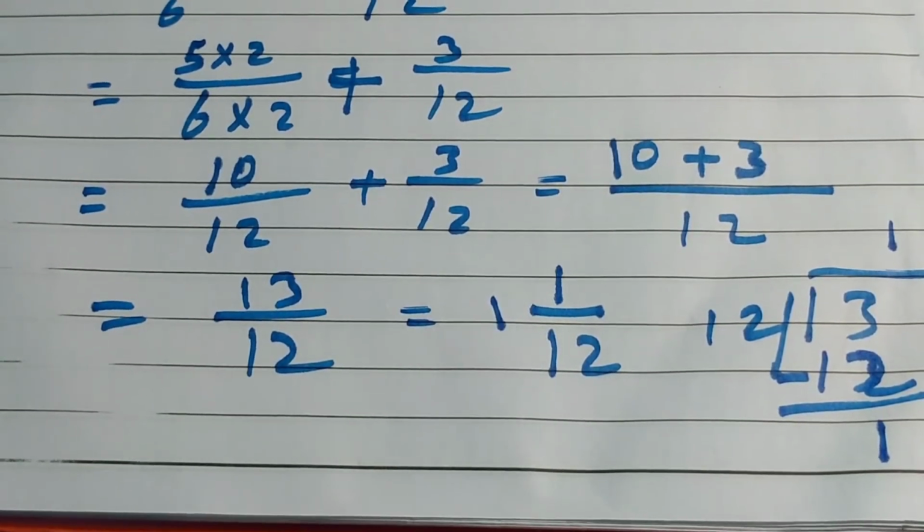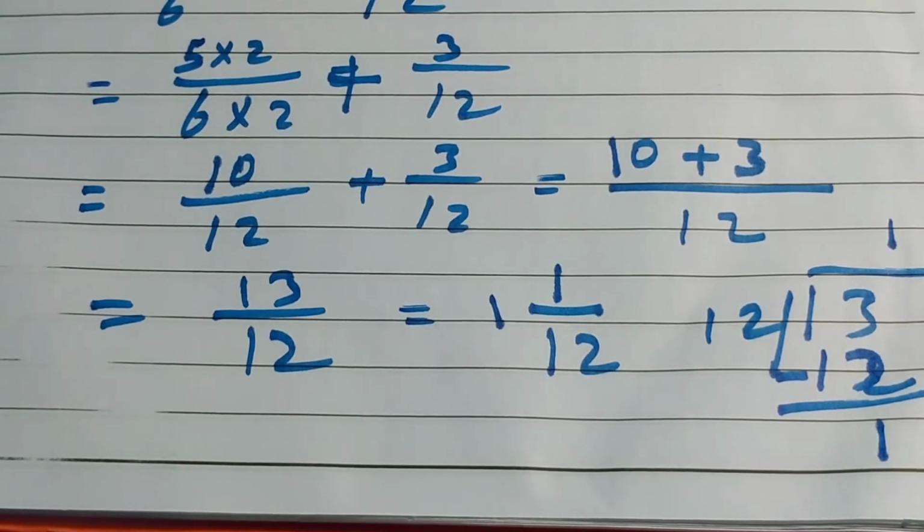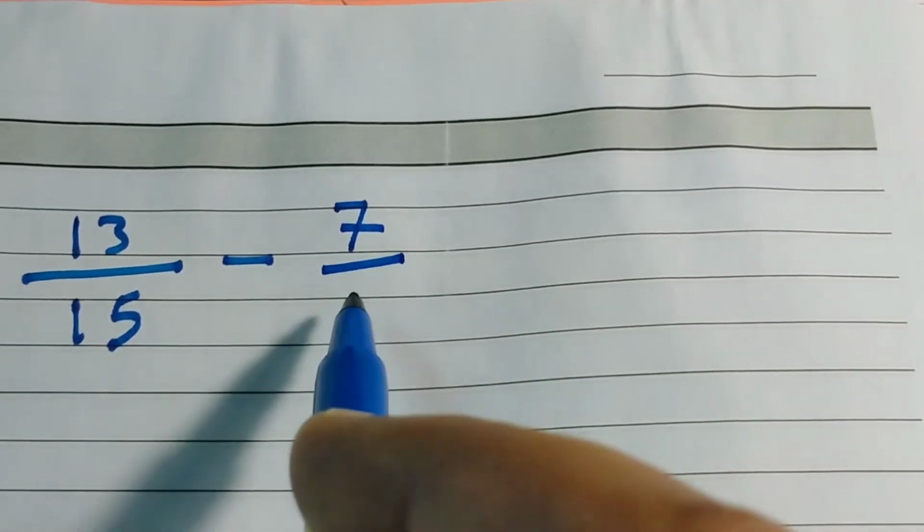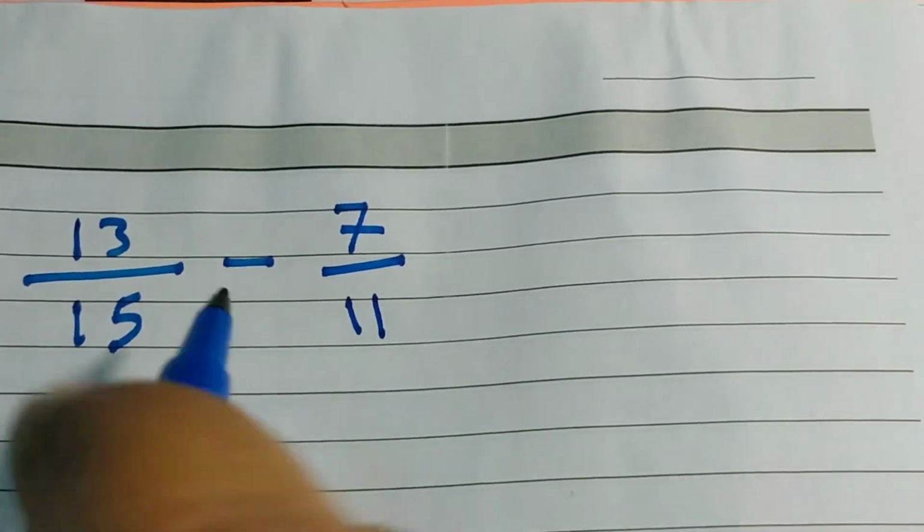Let's see one more example with subtraction. This is the question: 13 over 15 minus 7 over 11.